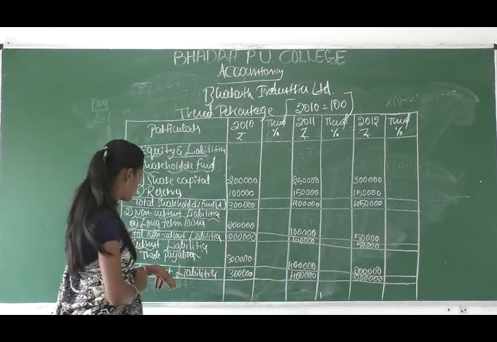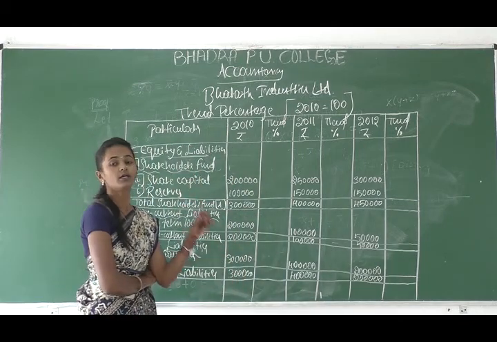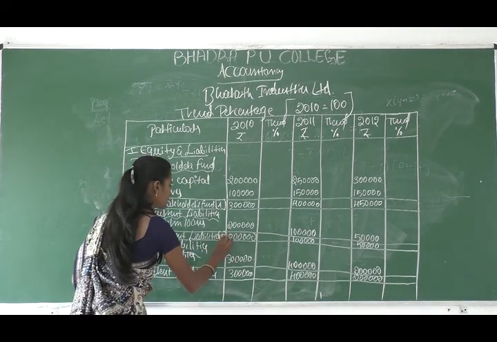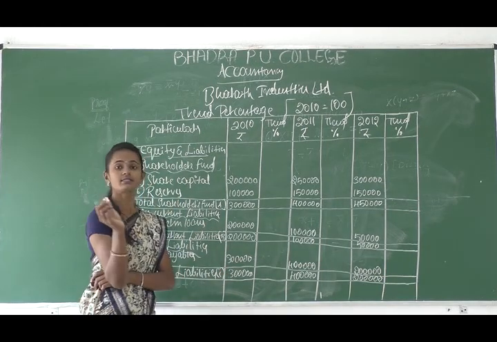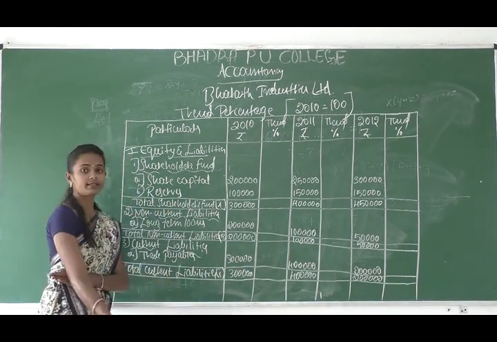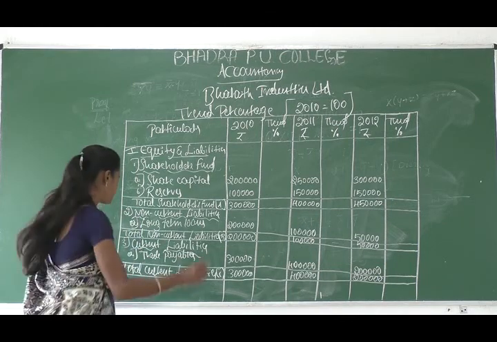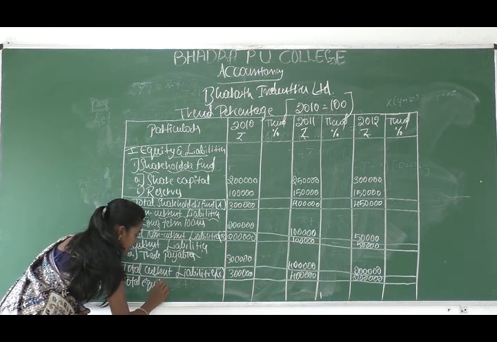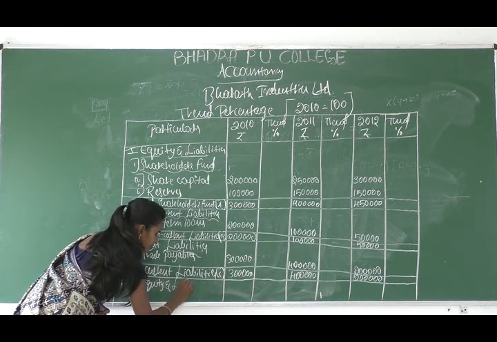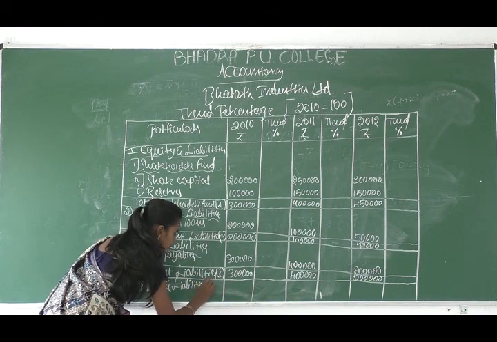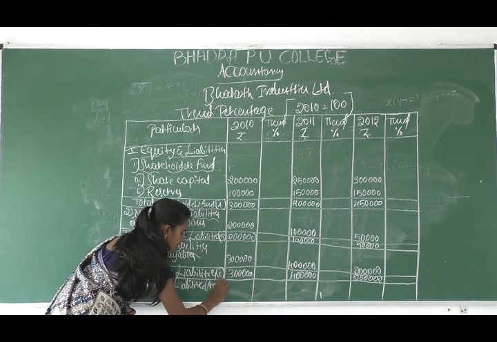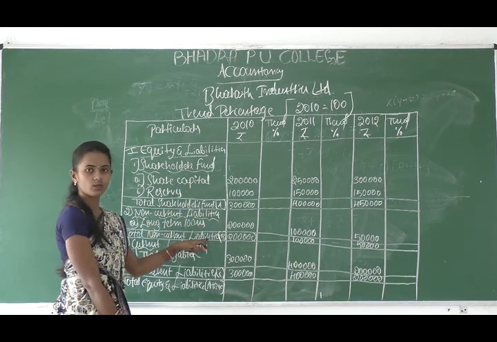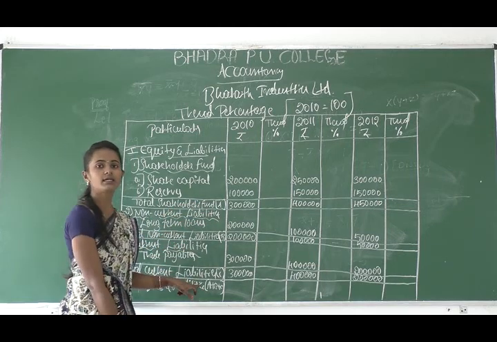Next we will get our total equity and liabilities. Here this item is considered as B and this item is considered as C. I am taking here total equity and liabilities, within the bracket A plus B plus C. A is total shareholders fund, B is total non-current liabilities, and C is total current liabilities.